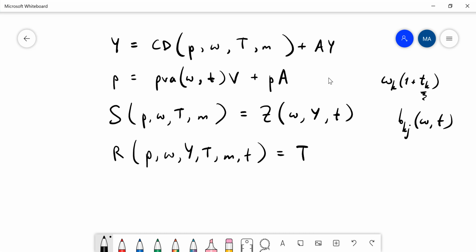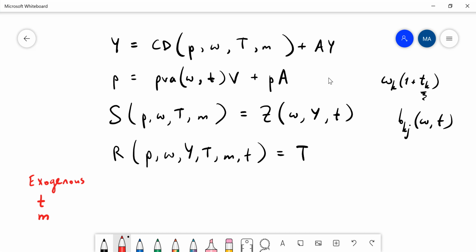Now, how many equations, how many unknowns? Again, you should be counting that. Let me be helpful in this regard. So you have some exogenous stuff here. What are these exogenous stuff? T's, M's, right? These are exogenous.